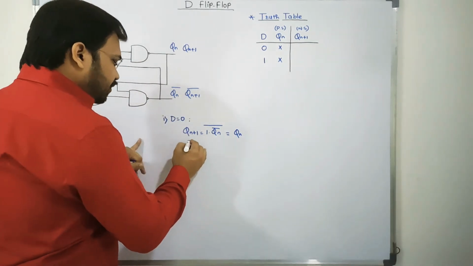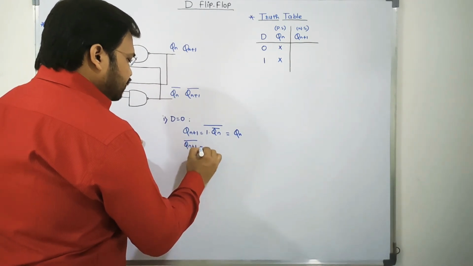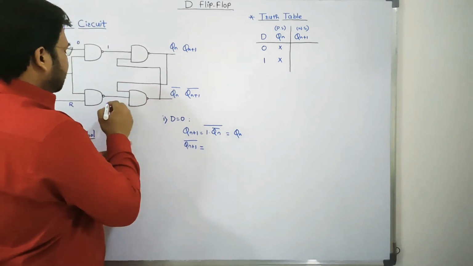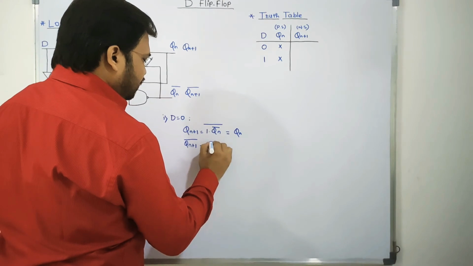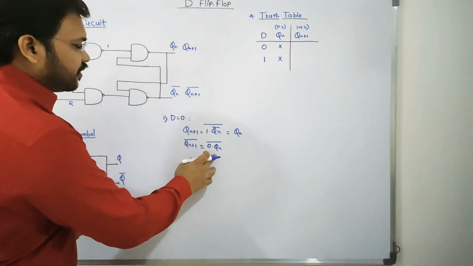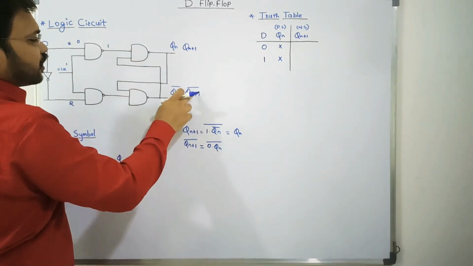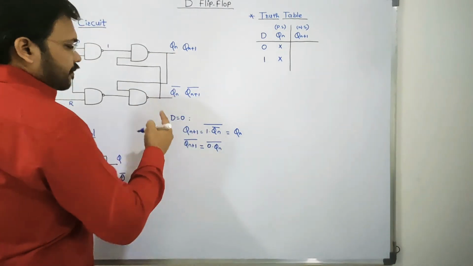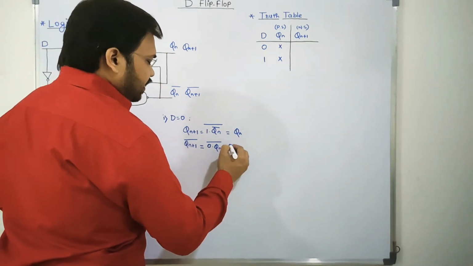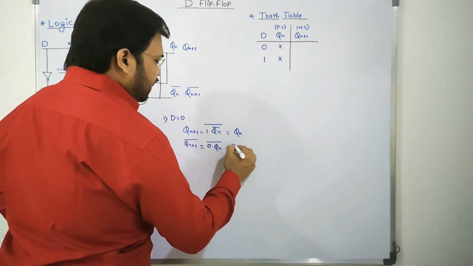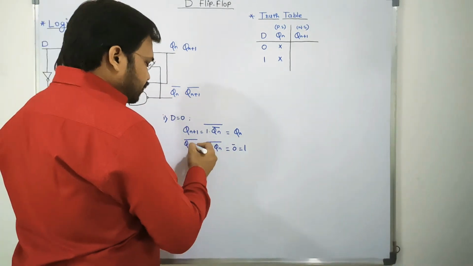So again we have to find out the value of the complement, that is Qn plus 1 bar, which is 0 into Qn, whole bar, that is 0 bar, and that is 1.